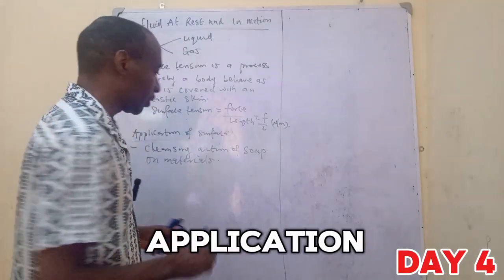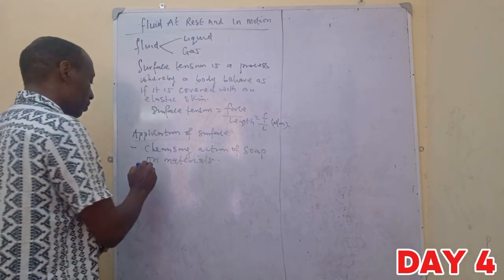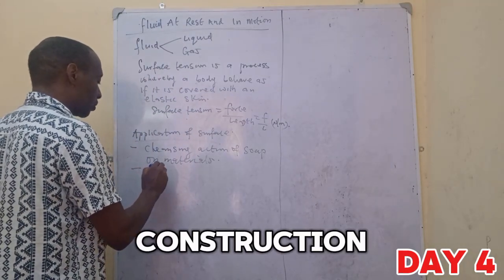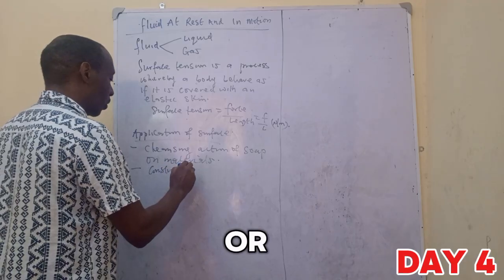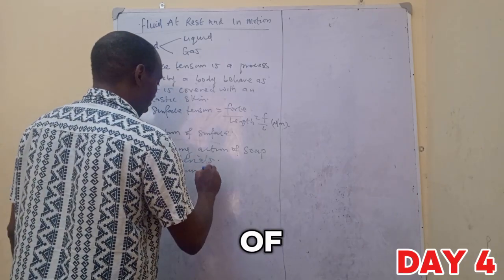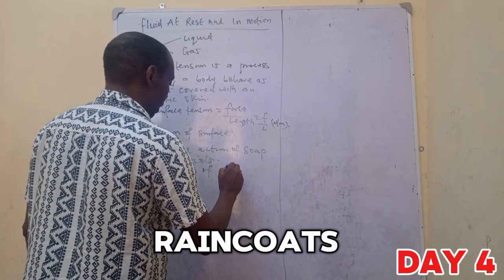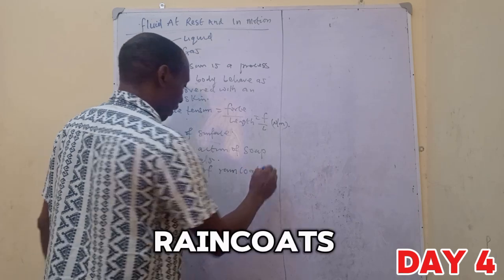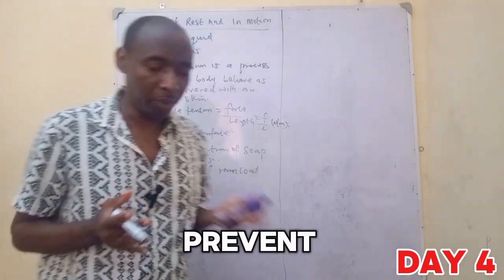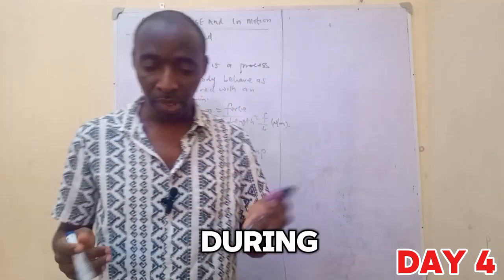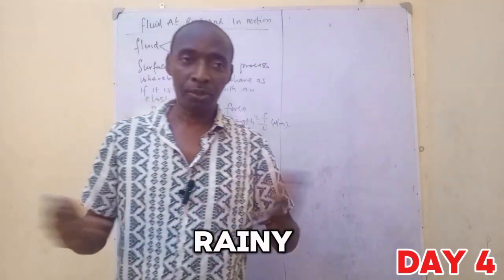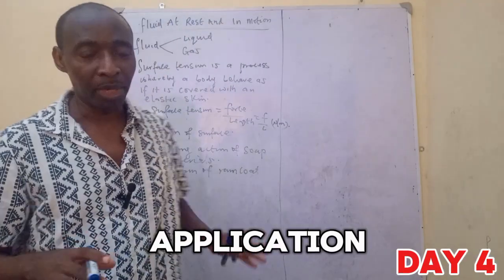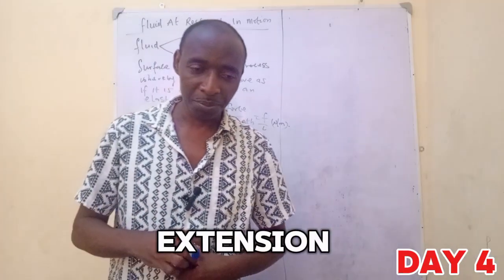The second application of surface tension is in the manufacture of raincoats, the raincoat that we wear to prevent us from getting soaked during the rainy season.